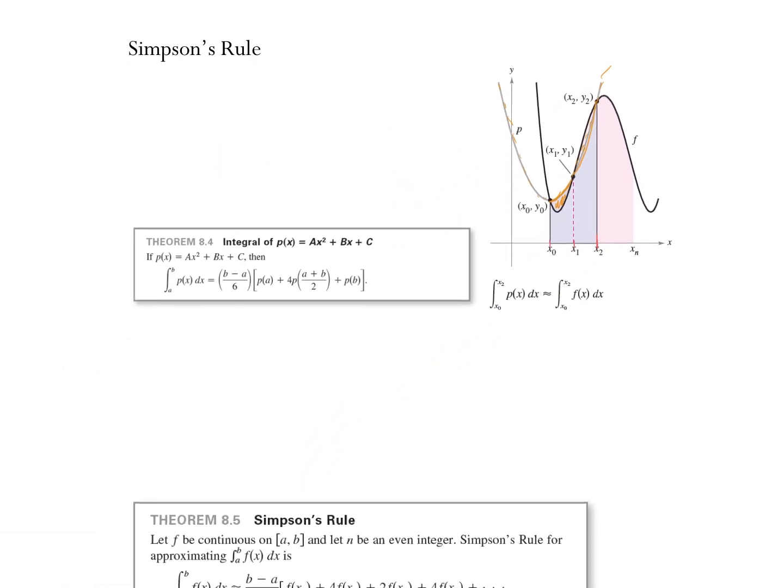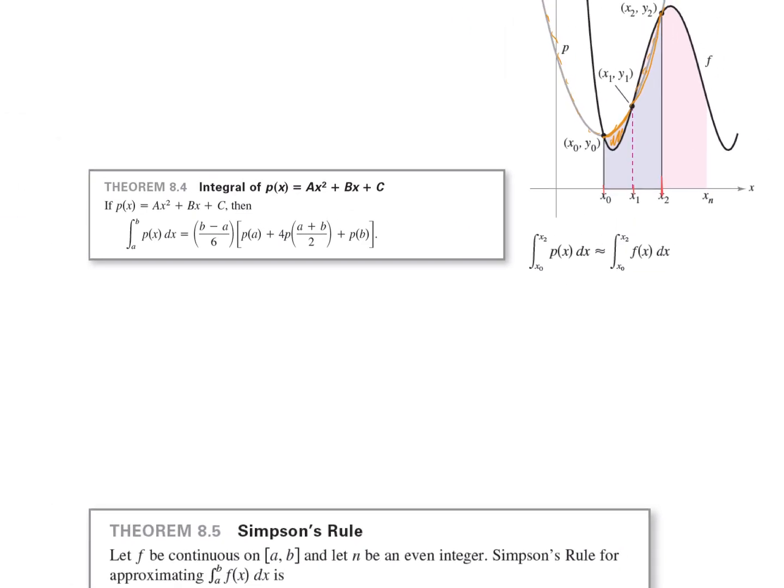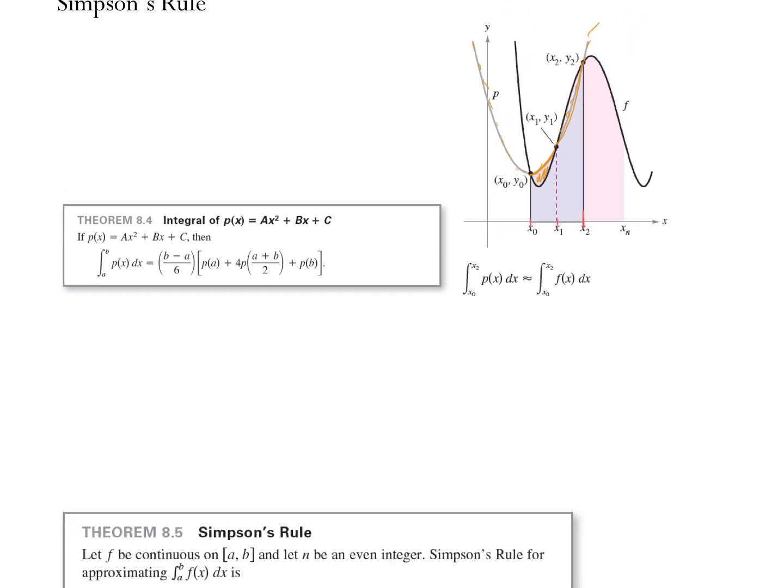And so when you have a parabola, we have this specific rule that all parabolas follow. Between any 2 points, the integral between 2 points on a parabola is equal to (b minus a) over 6.